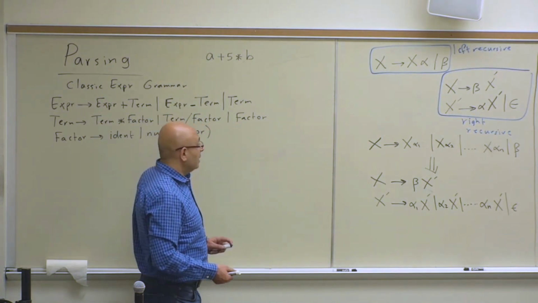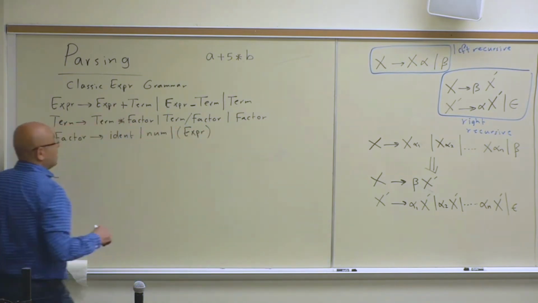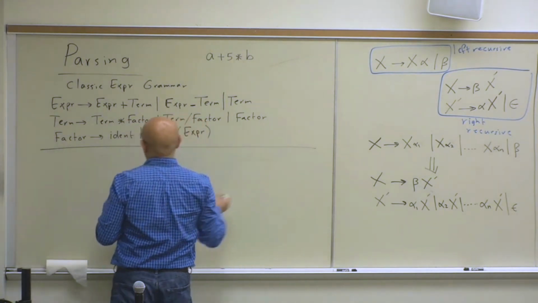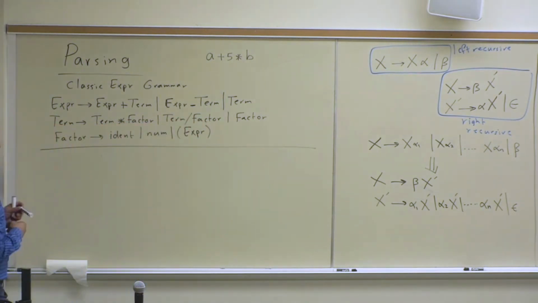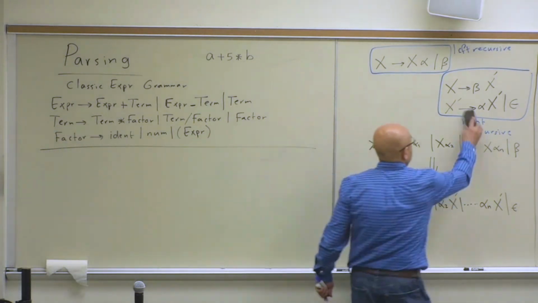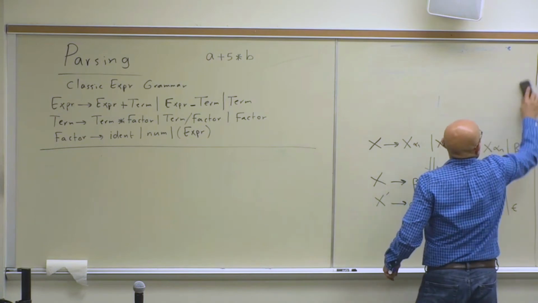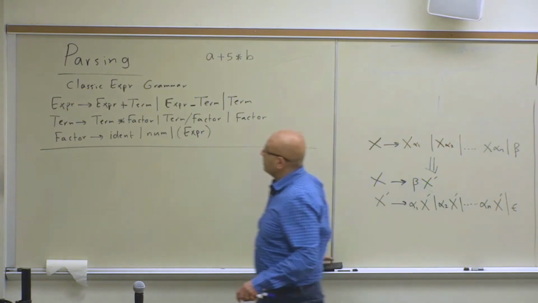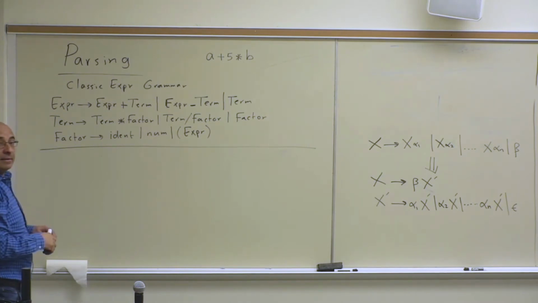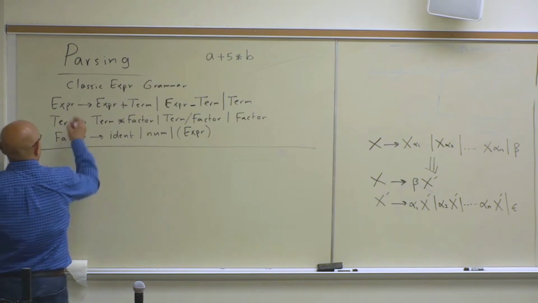Okay. Now, let's apply it to this grammar. To apply it to this grammar, let's forget about this and look at the general rule. What's my x? Expression, right? Expression is my x.